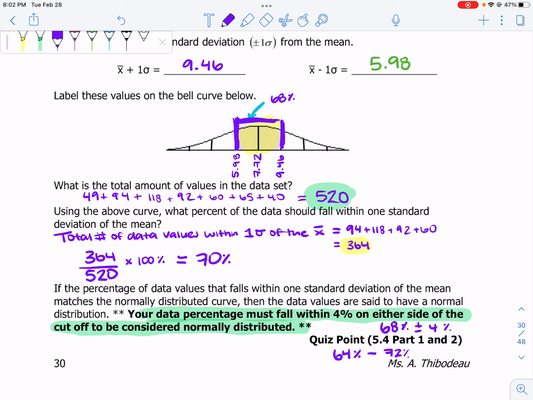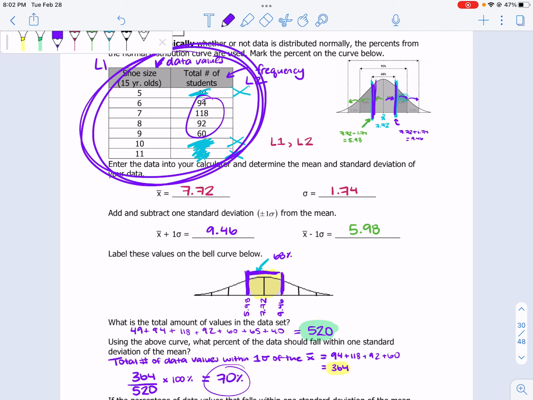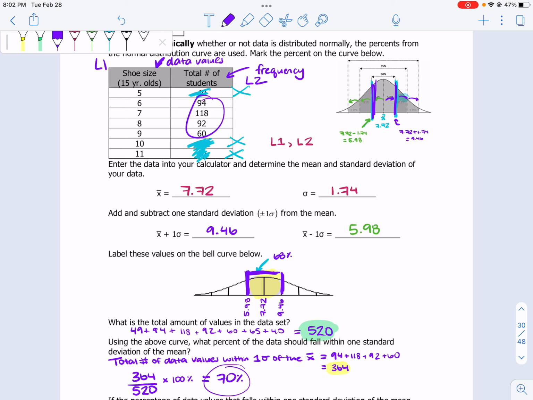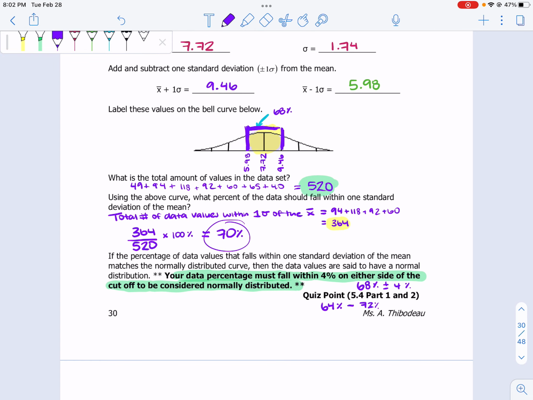So, to conclude, in this example we found that 70% of our data values, the 70% of our students surveyed, have a shoe size within one standard deviation of the mean. And 70% falls within that acceptable range. So we can conclude that our data would actually be normally distributed.